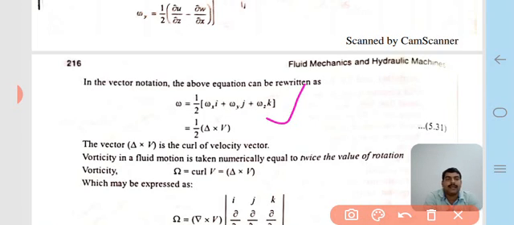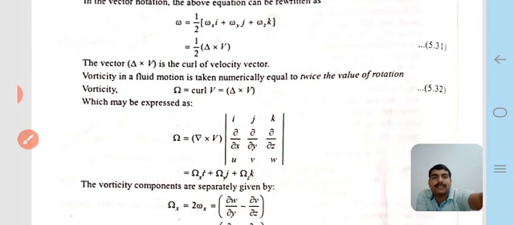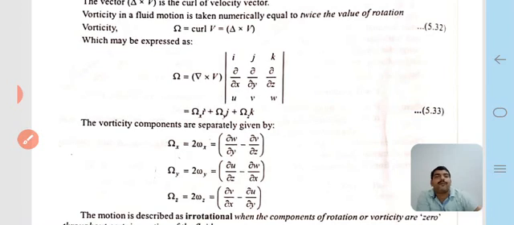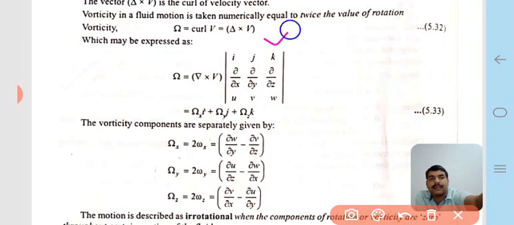The vector del cross v is the curl of the velocity vector. Therefore, vorticity in a fluid motion is taken numerically equal to twice the value of rotation. Vorticity is equal to the curl of v, that is del cross v.